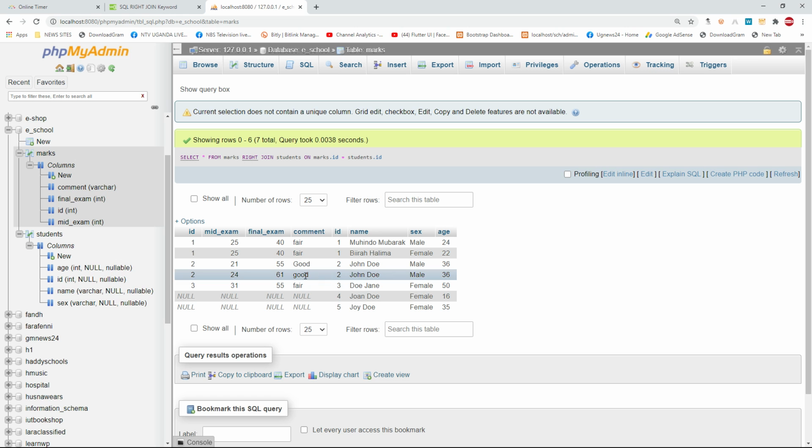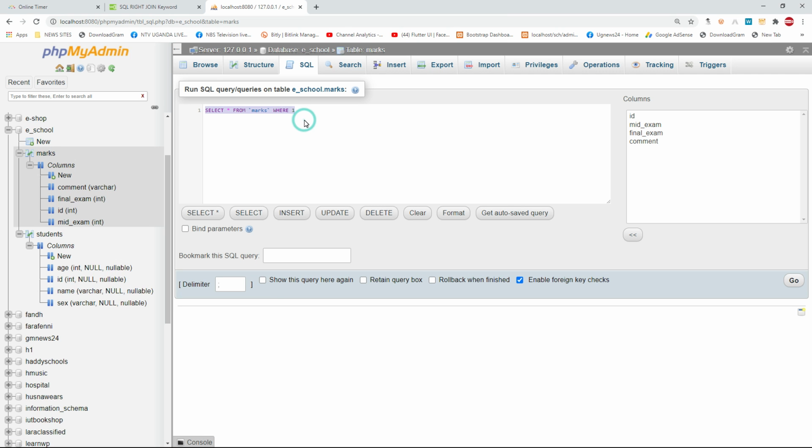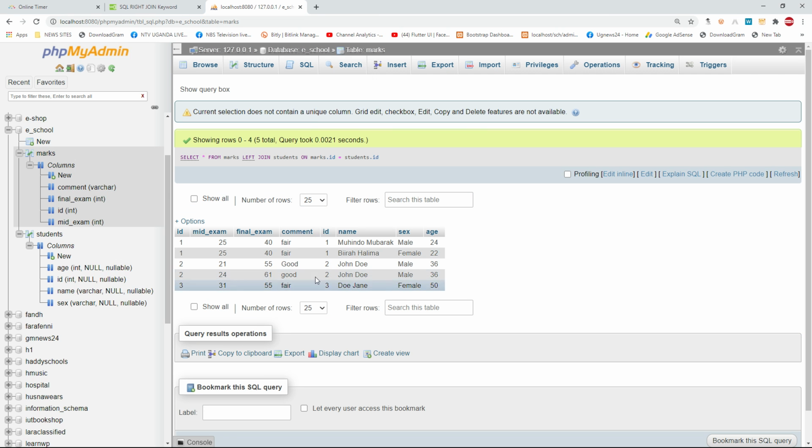So you see, this is the right join. Right join will return all the people, those who are having double, but it makes sure that it returns all of them. Those who don't have, it gives them null on their side of marks. But also, if we go to left join, you see left join, every mark has got the owner.